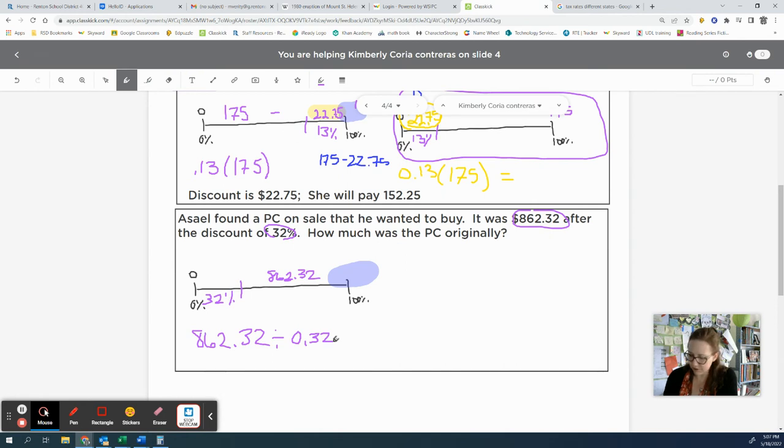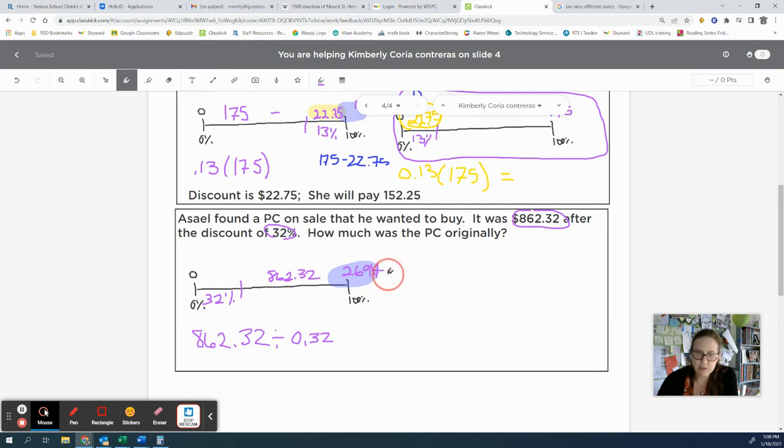So let me clear. $862.32 divided by 0.32 equals, let me try that again because that's not right. $862.32 divided by 0.32 equals 2,694.75. This doesn't feel right.